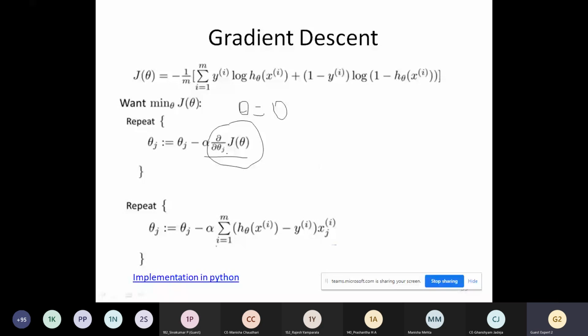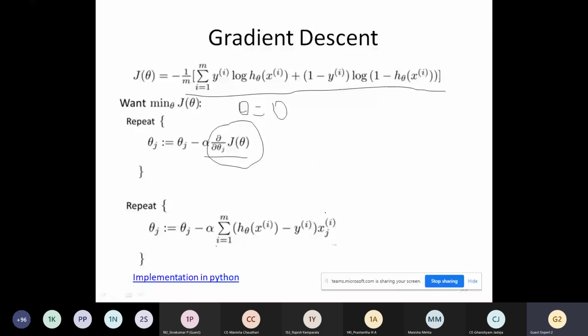So for theta 0, this will be the derivative of the cost function with respect to theta 0; for theta 1, the derivative with respect to theta 1, and so on. Now, if you take the derivative with respect to theta 0, you will get sigma i equal to 1 to m of h theta of x i minus yi times x 0, where x 0 is equal to 1.